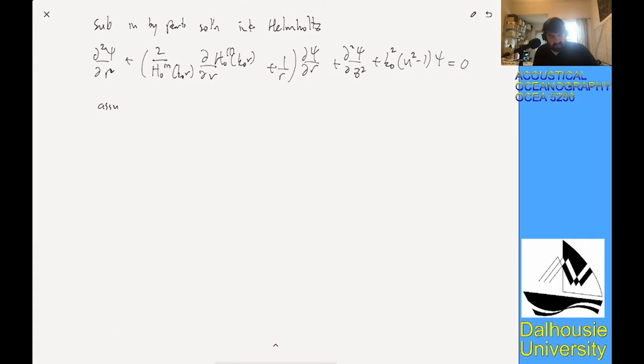So now if we take the assumption that k naught r is much greater than 1, this reduces to simply d squared psi dr squared plus 2i k naught d psi dr plus d squared psi dz squared plus k naught squared times n squared minus 1 times psi equals 0.